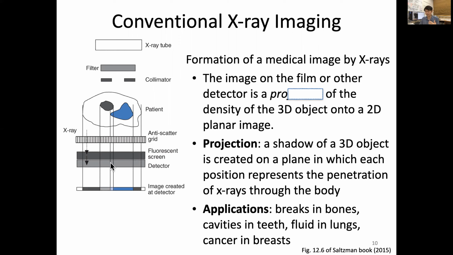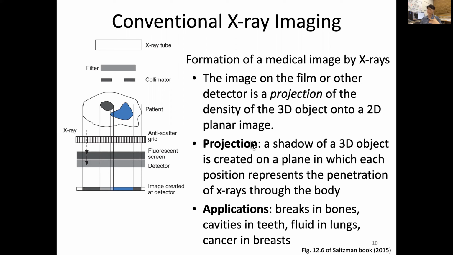So we can use either film or this fluorescent screen, or we can image using the detector. You can see that X-ray passing through this part will have different contrast because it has been absorbed much more. So the image on the film or other detector is a projection of the density map of the 3D object, but we are looking only at a 2D planar projection.